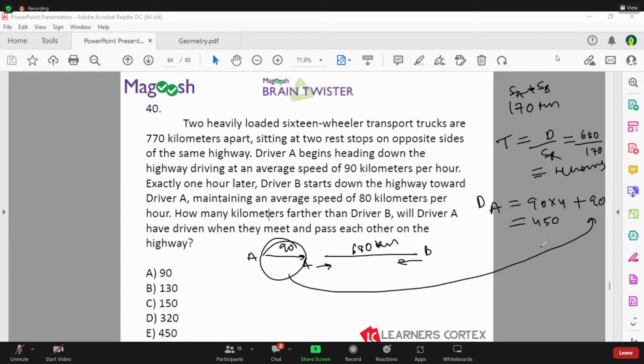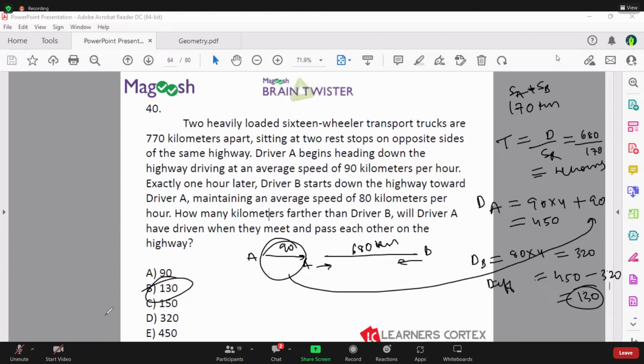And B will travel 80 into 4 equals to 320 kilometers. Therefore the difference is 130. Okay, great. 450 minus 320 equals 130. Anyone who has not understood this particular question?